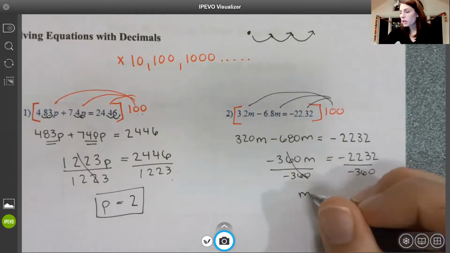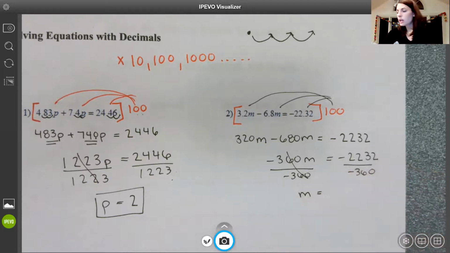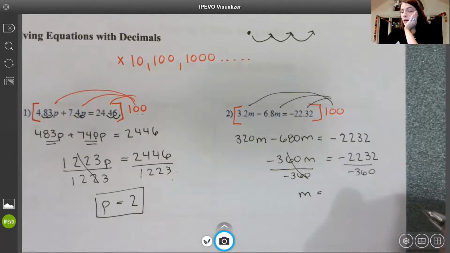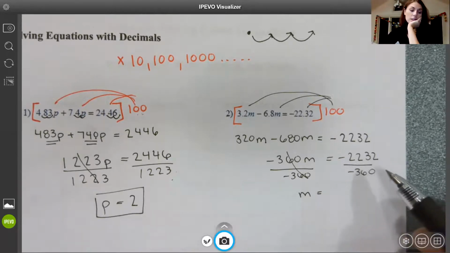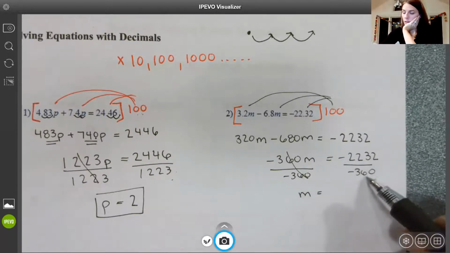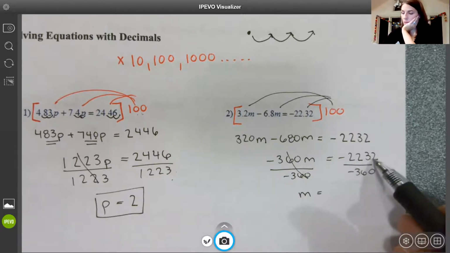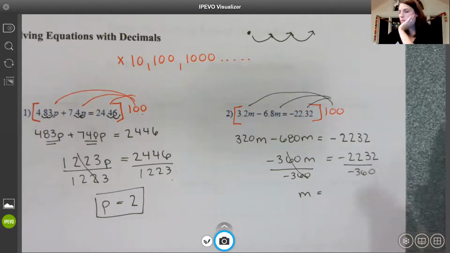This one won't be quite as simple to reduce. So first of all, it's a negative over a negative, so I know that's going to make it a positive. I can see that they're both even numbers, so I know that I can at least divide them by 2. I'm looking at the 36 and I'm saying, okay, well, I can divide that by 6. Can I divide the top evenly by 6 just to start reducing?